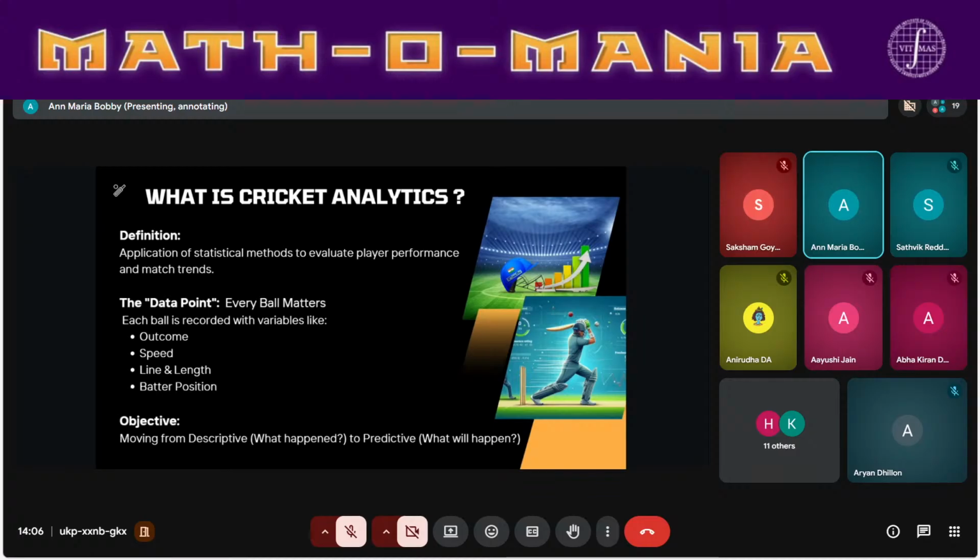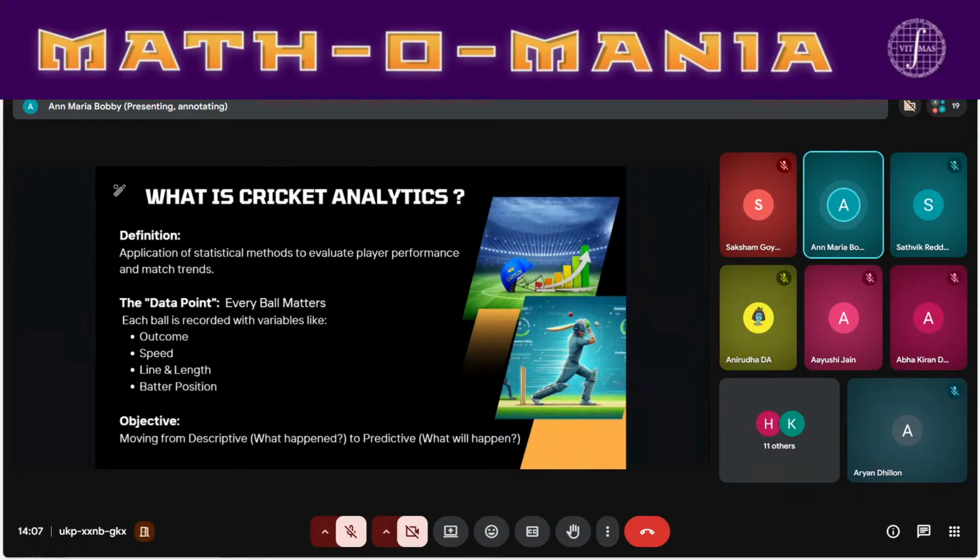So, what is cricket analytics? It is the application of statistical methods to evaluate player performance and match trends. Cricket analytics means using data and statistics to understand cricket better. Earlier, as we know, most decisions were based on experience or intuition.